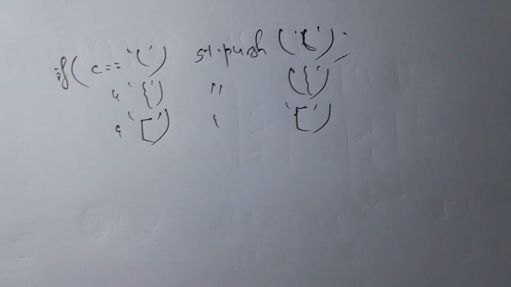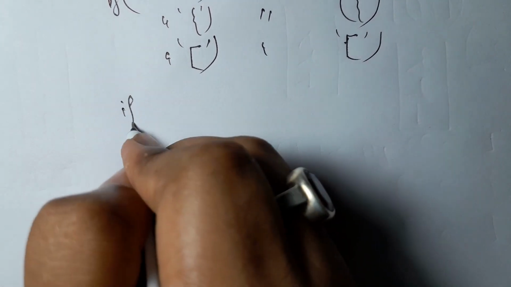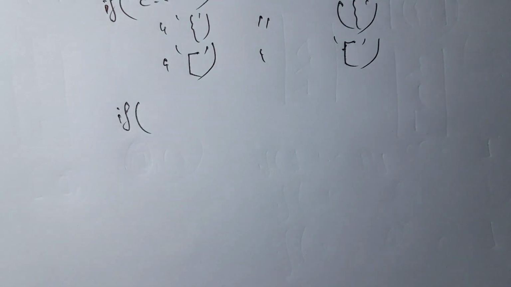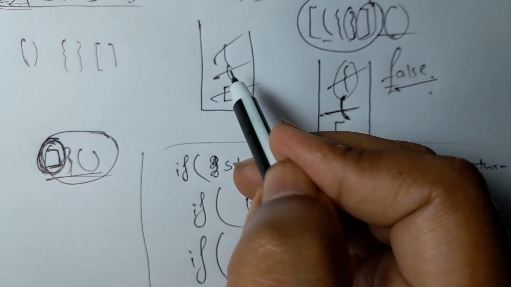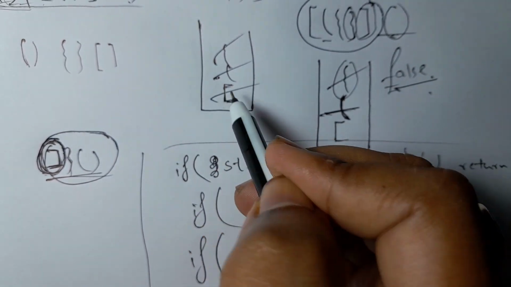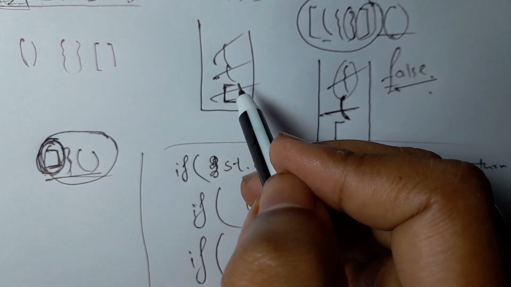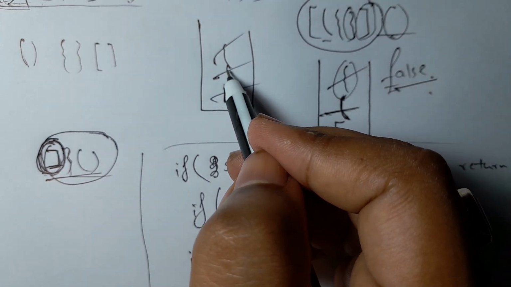Now, one thing you have to understand: when I get any closing braces, then I have to check the top. See this example. I got the opening third bracket and I did not get the closing third bracket.